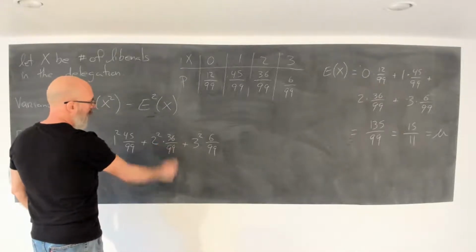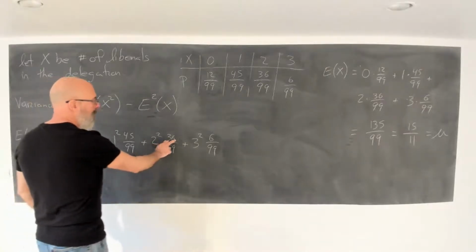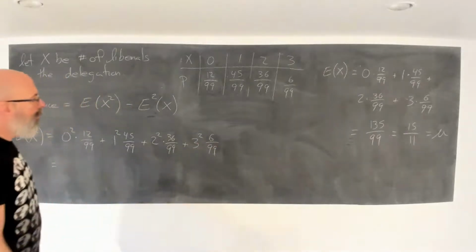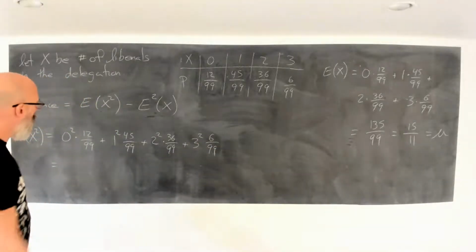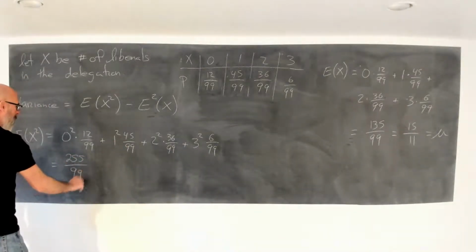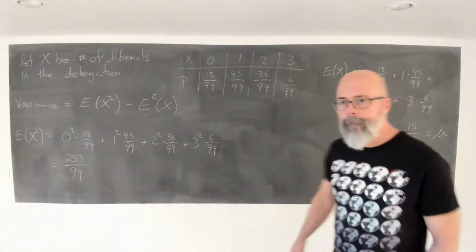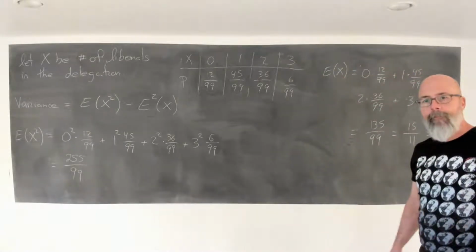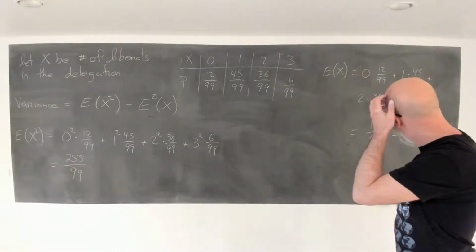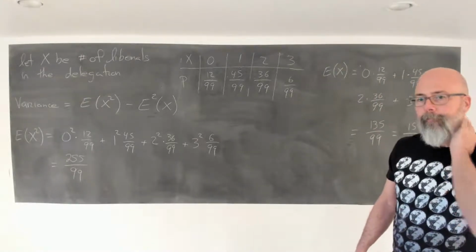So 12, so 120 and 36. 156. 156 plus 54. That's 210. 255. Is that correct? Does anybody have that? 255 over 99? Can anybody confirm?